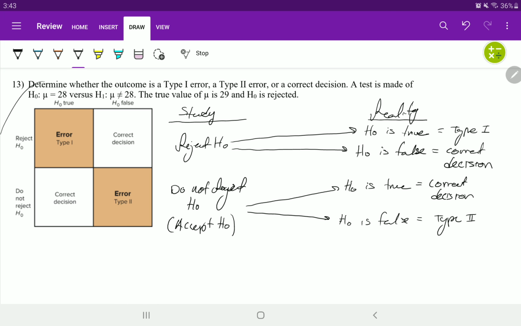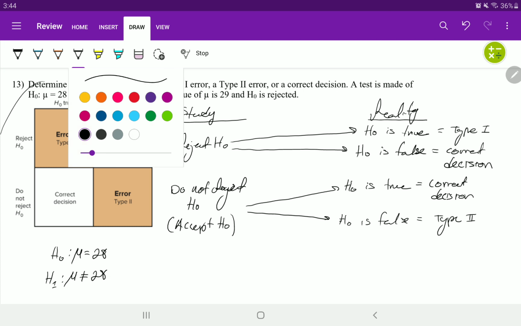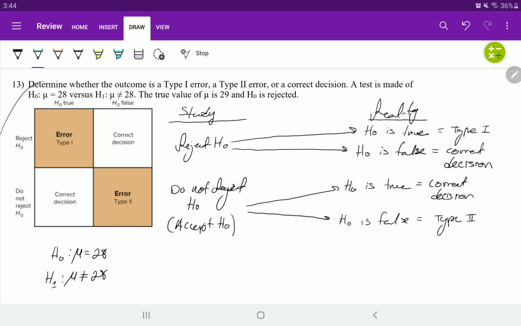So in this case, right, we have our hypothesis. Mu equals 28. An alternative, mu does not equal 28. In this case, it says the true value of mu is 29 and the null is rejected. So the null is rejected, right? I'm going to X out the null.